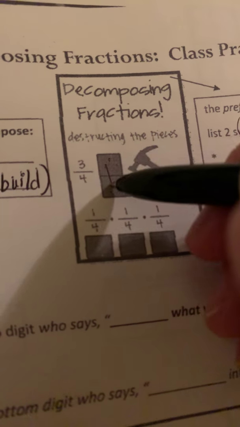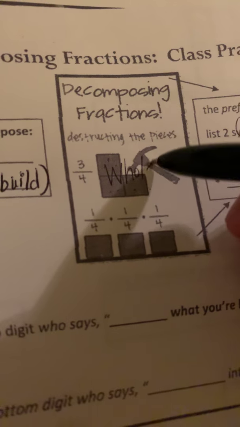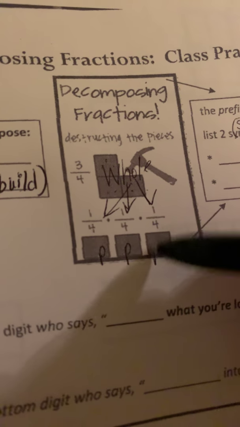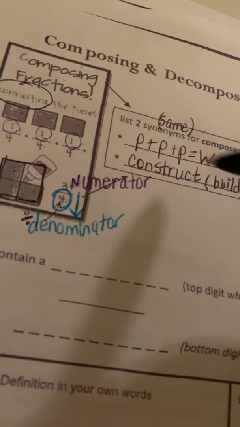You're taking the whole model and breaking it into what? Pieces. So this would be like whole. And the whole is broken into part plus part plus part. So it's still kind of like add, only this one builds up and this one tears it into pieces.